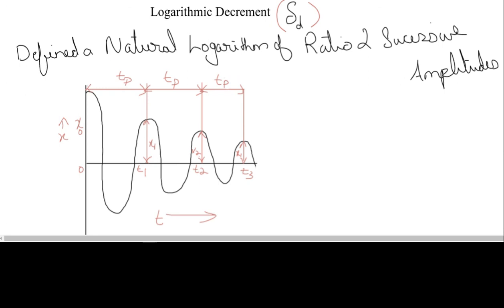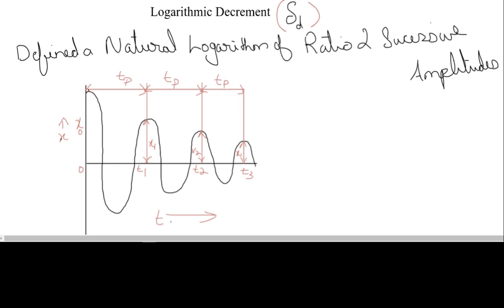So let x be on the vertical axis and time t on the horizontal axis. Each of this from top to top gives a time period. You should draw it as equal time periods. I have just made a small mistake where the last time period looks a little smaller, but all time periods should be the same.